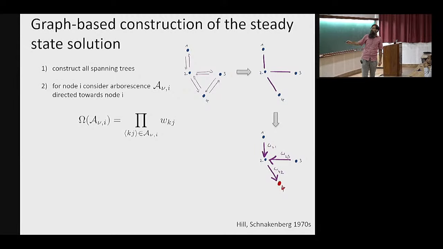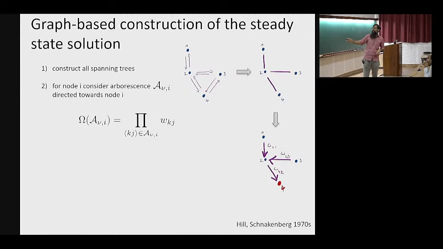Okay, and for this arborescence, which has now two indices, nu and i, because I can do this for every spanning tree and then direct it towards every node of that spanning tree.